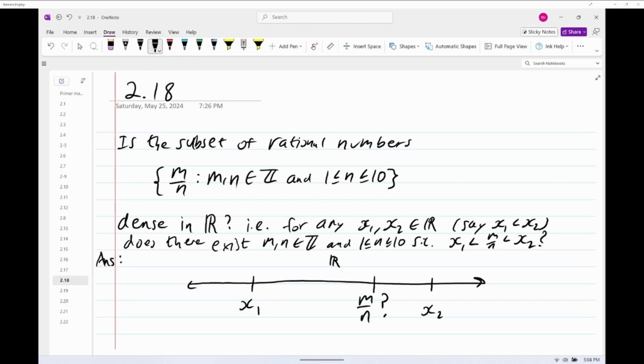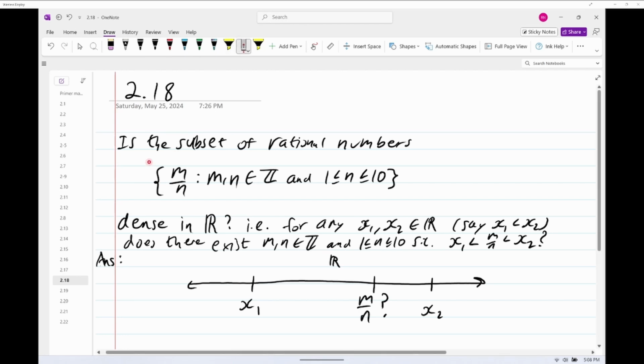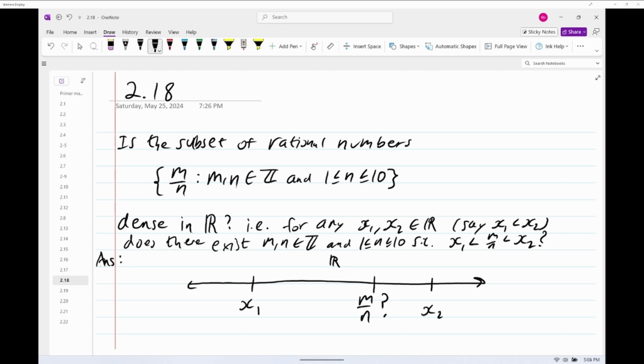That's fair enough. Can you give me two real numbers such that nothing in this set is between them? 1.11 and 1.12, I think. That sounds like it's going to work to me.